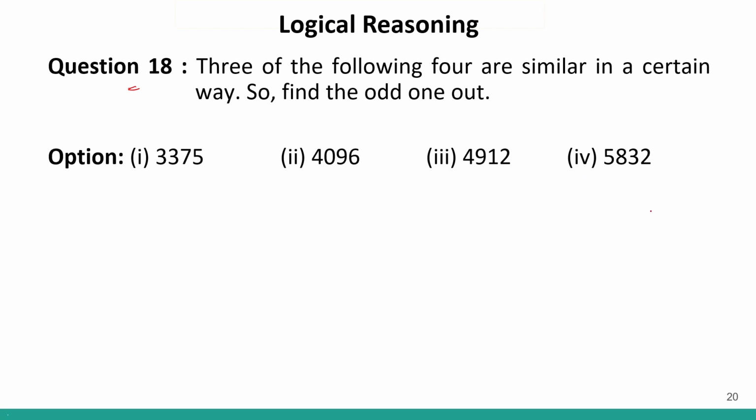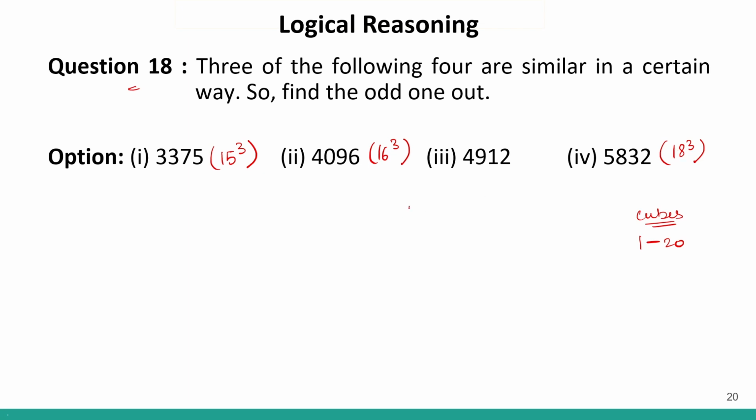Now, if you remember the cubes, that is why I told you to remember the cubes. They are very important, at least 1 to 20. If you know the cubes, you would know that 3375 is basically the cube of 15. Similarly, 4096 is the cube of 16. And 5832 is the cube of 18.